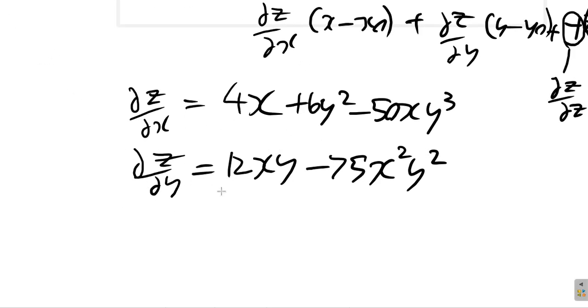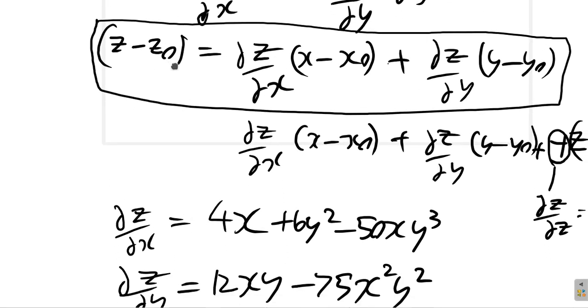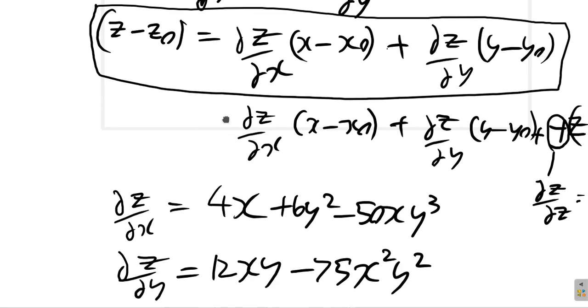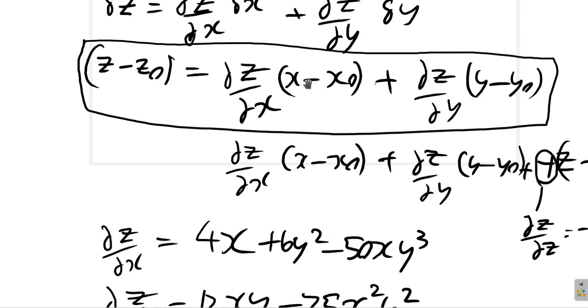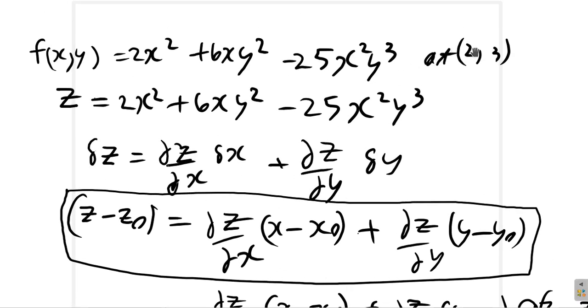Now, in this case, if you look at this and you consider z naught, we want to find z naught from here. We know x naught is 2, y naught is 3.